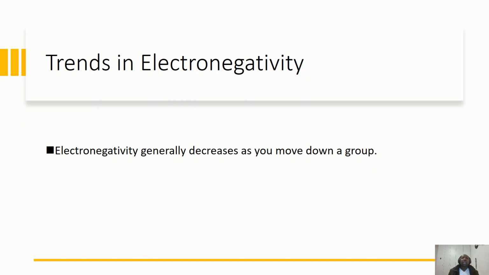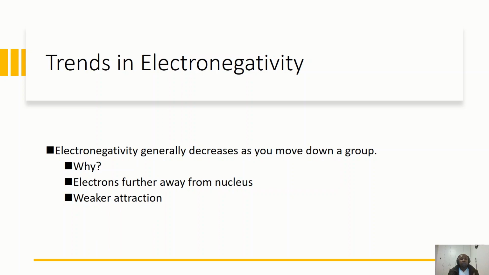electronegativity generally decreases as you move down a group. Why? Because the electrons are farther away from the nucleus and the attraction is weaker. When you begin to move down the group, remember, the shells are becoming bigger.